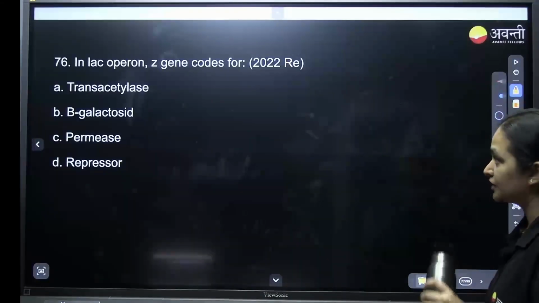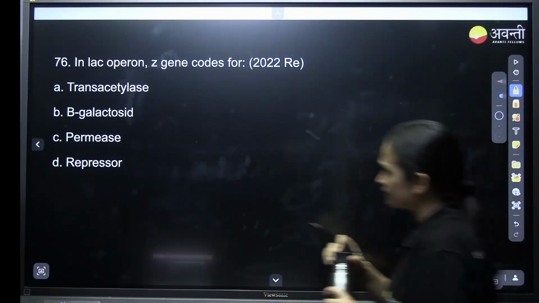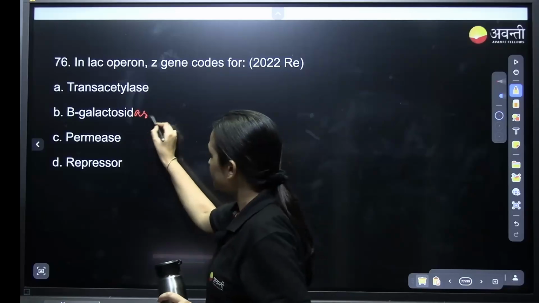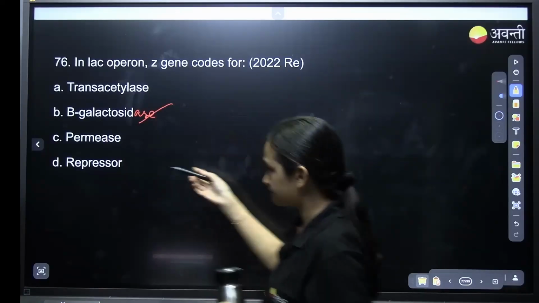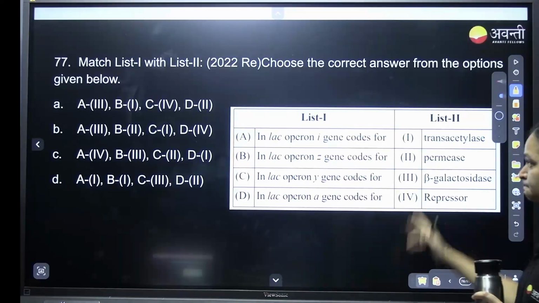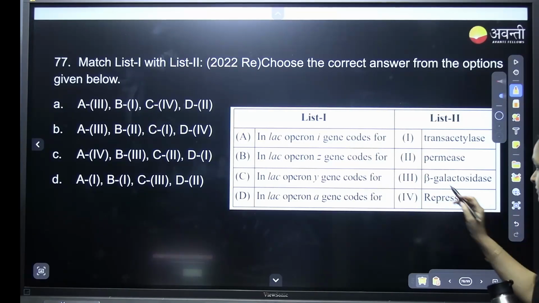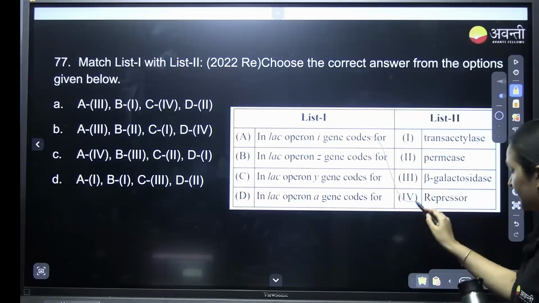In the lac operon, Z gene codes for beta galactosidase. Yes, beta galactosidase. Match it. I said previously this pattern question is repeated so many times. I gene: repressor.